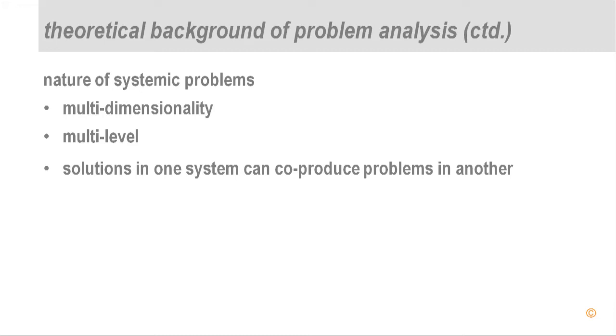What is also interesting about the nature of systemic problems is that very often the solutions in one system can co-create problems in another system. A typical example is the educated youth unemployment issue. One of the problems of education systems is school dropout rates, and that maybe not enough pupils continue with university education.